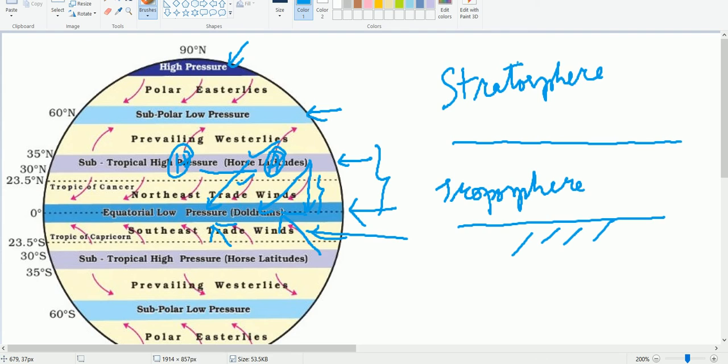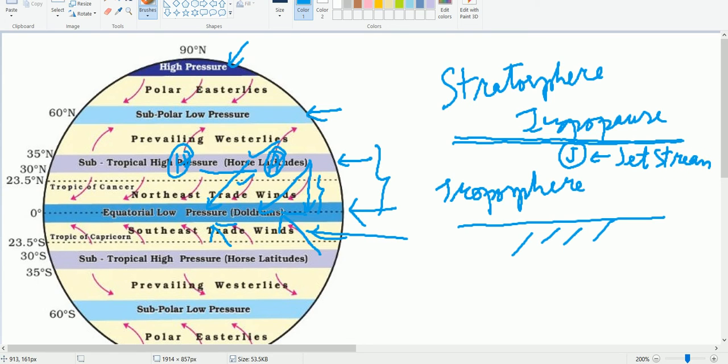Between the stratosphere and the troposphere, we have one very thin layer known as the tropopause. A very fast wind is moving here, just nearby the tropopause, and this wind is known as the jet stream.